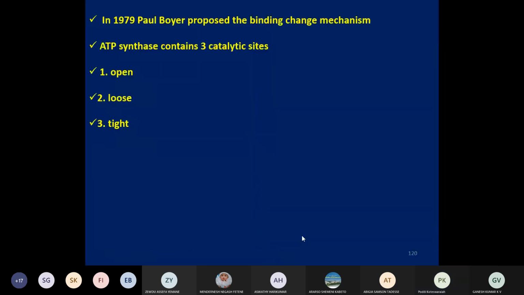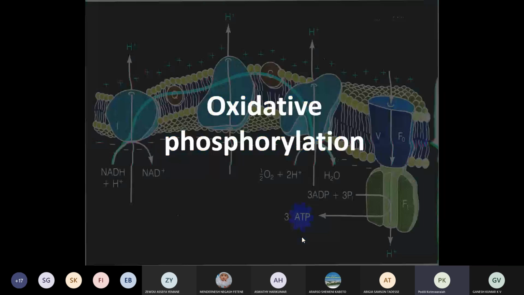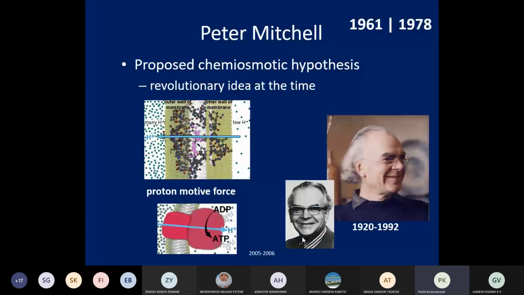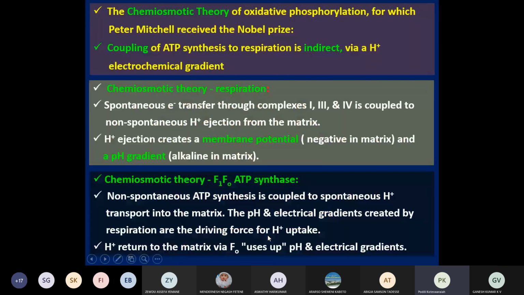And we know that Peter Mitchell proposed the chemiosmotic hypothesis for the formation of ATP. According to the chemiosmotic hypothesis, during the electron transport chain the proton gradient is generated, and this proton gradient is in turn coupled to the synthesis of ATP by ATP synthase.